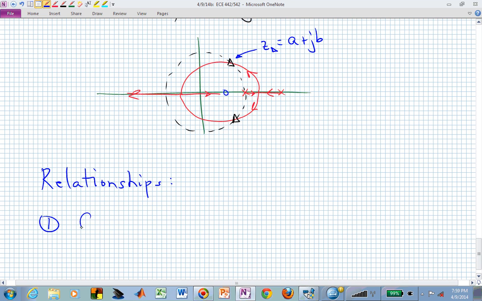First, if we have those Z triangle values, we can write a characteristic equation if those are the actual closed loop poles.